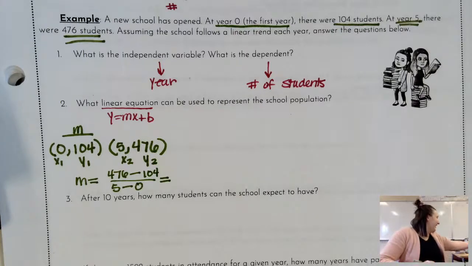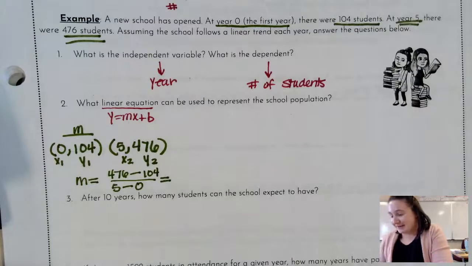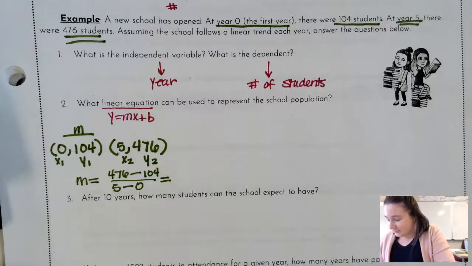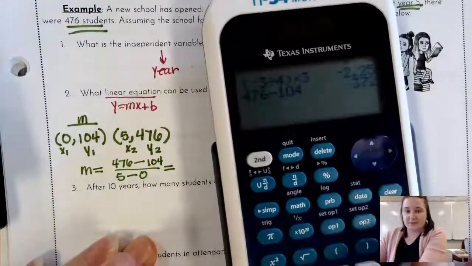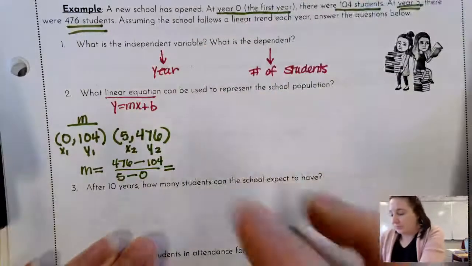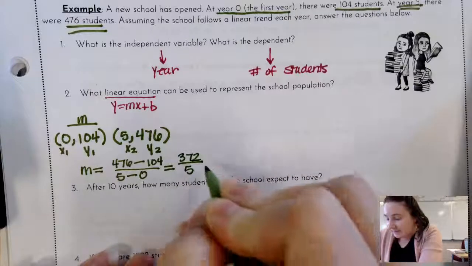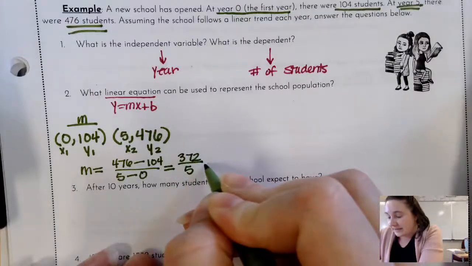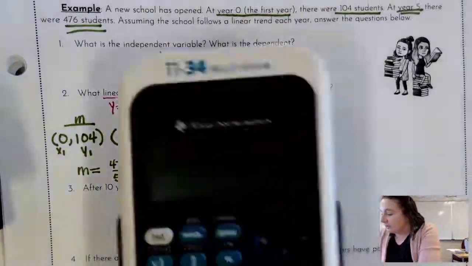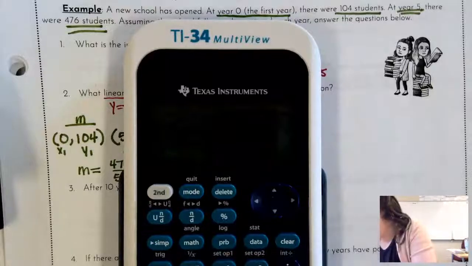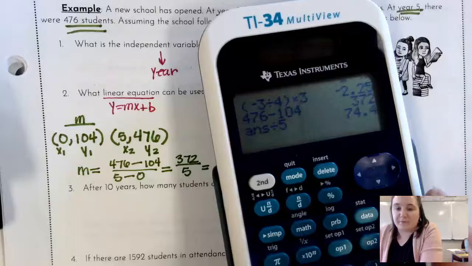Calculator. So the top, we're going to do 476 minus 104, and we get 372, over 5 minus 0, which is 5. And then I want to simplify this as much as I can. So 372 divided by 5 gives me 74.4.